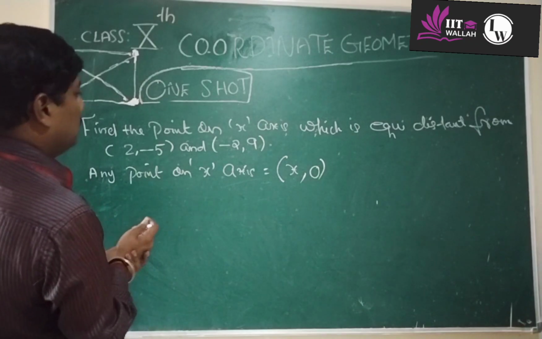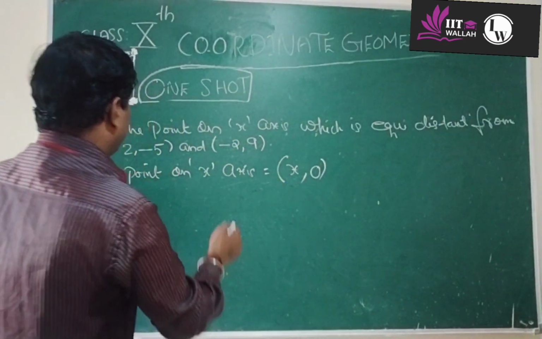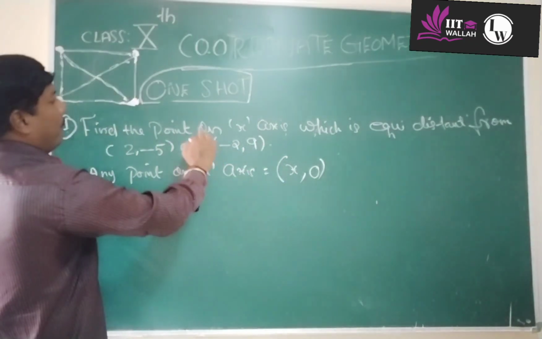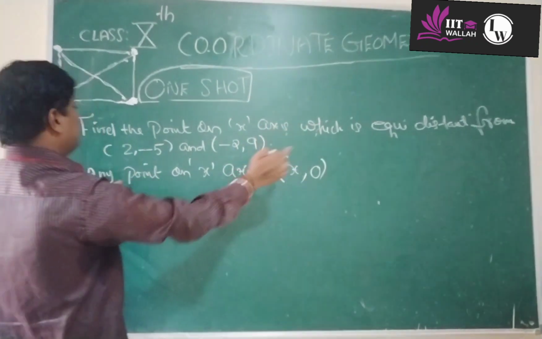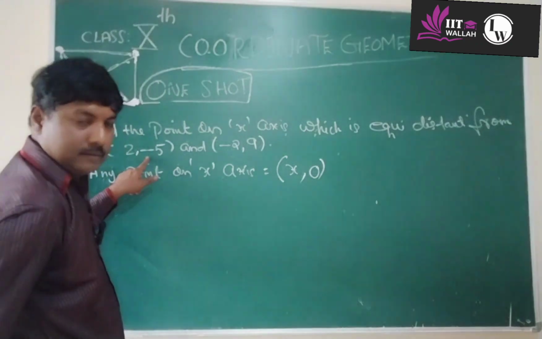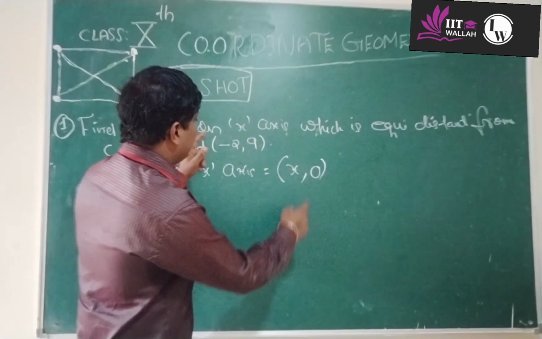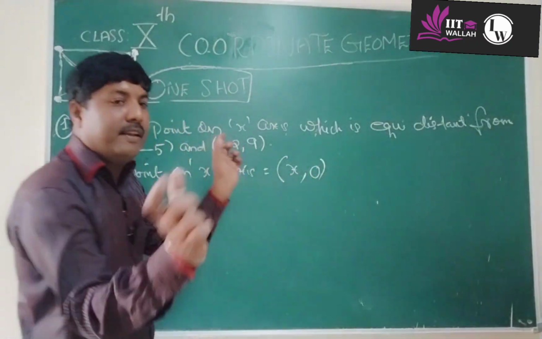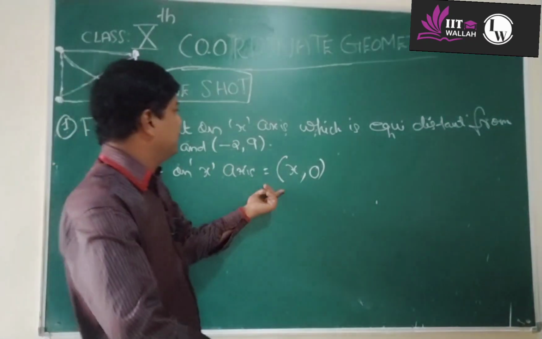Now this is our point. So we need to find the point on x-axis which is equidistant from this and this. First you find distance between this point and this. Then you find the distance between this point and this. Then you equate. So you will get it.